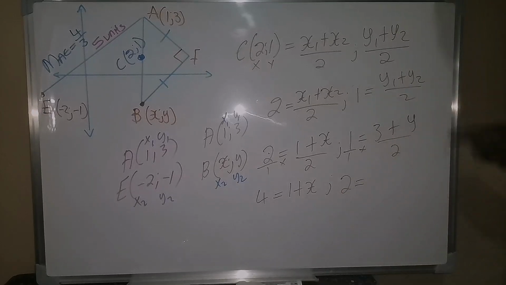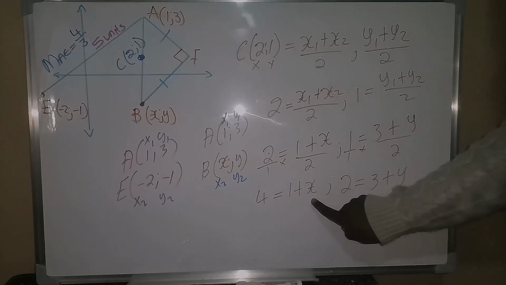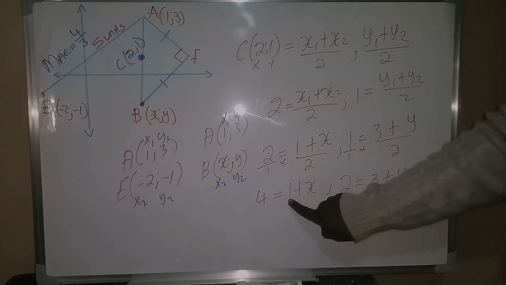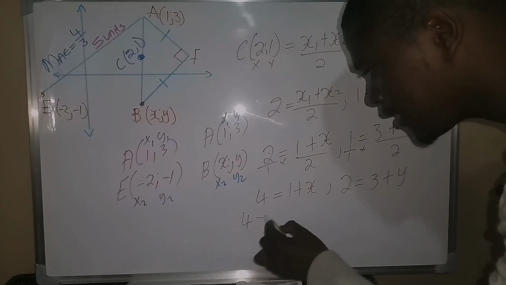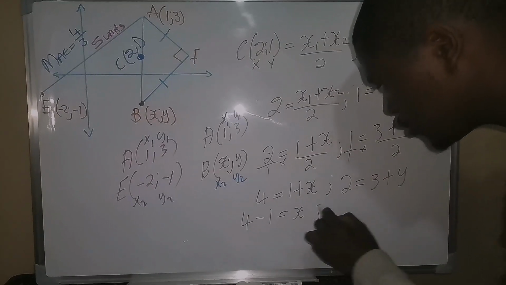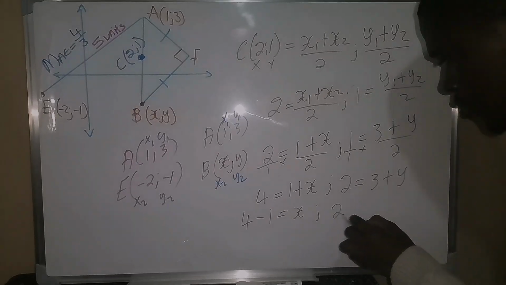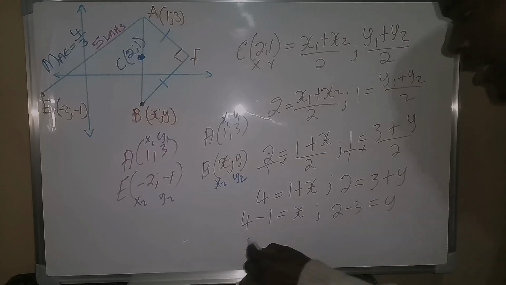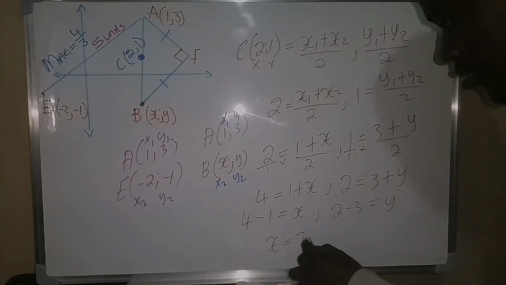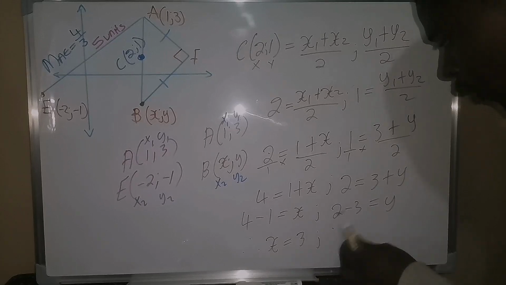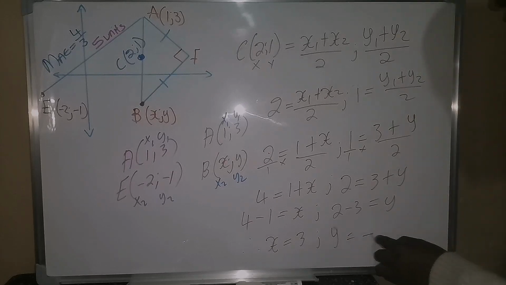Now solve for x. I need to be left with x on one side, so I transpose the 1 to the other side: 4 minus 1 equals x, which is 3. For y, I transpose the 3 to the left: 2 minus 3 equals y, so y is negative 1.